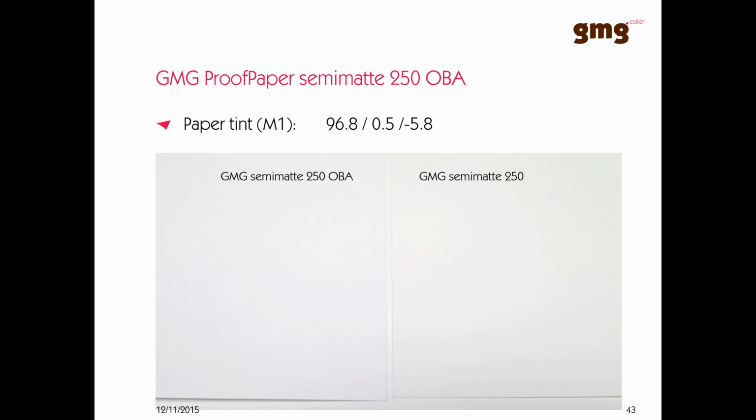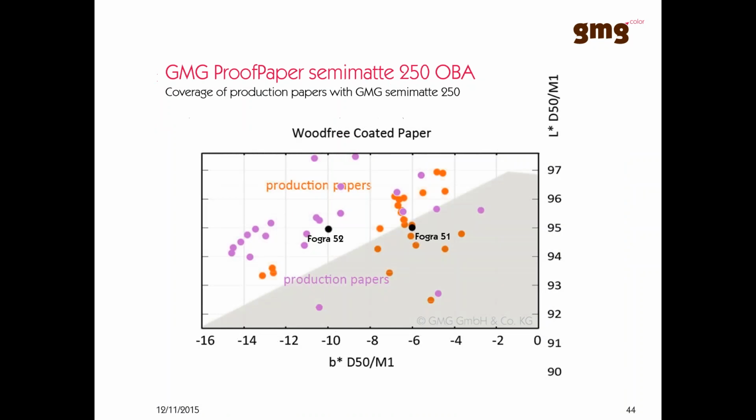So we have a paper tint in M1, which is very comparable in luminance level to the GMG SemiMatte 250, just that now we have almost -6 on the b. We've been at -1.7, -1.8 on a SemiMatte 250 without any fluorescence. Now we have a fluorescent paper, describing fluorescent printing substrates.